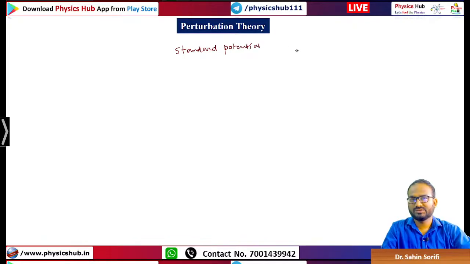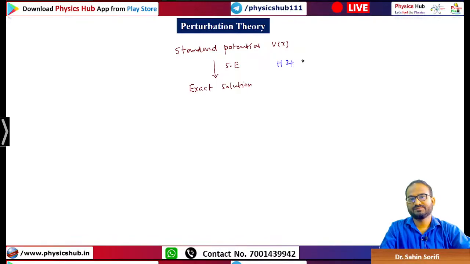Harmonic oscillator, there is another potential, and different potentials we have tried and put into the Schrodinger equation, and we got the exact solution. So we have mainly used this equation H psi equals E psi, right? Okay, so this was the case.